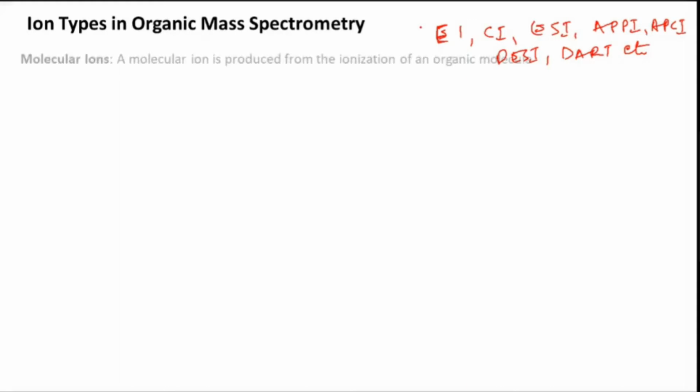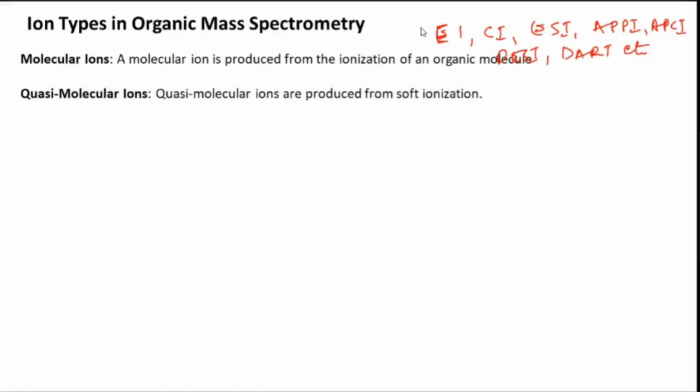I'm trying to tell you all these things. The molecular ion is what we have seen just now. It is produced by the ionization of an organic compound and is usually observed at the right end of the mass spectrum with the highest m/z value. The second is the quasi-molecular ion, produced from soft ionization techniques, like in electrospray ionization, where M plus Na plus or M plus H plus ions will come.